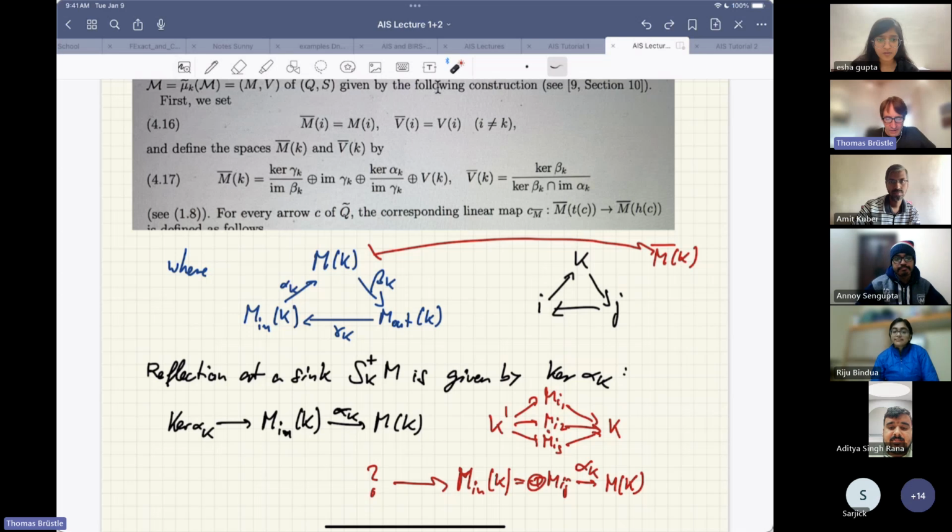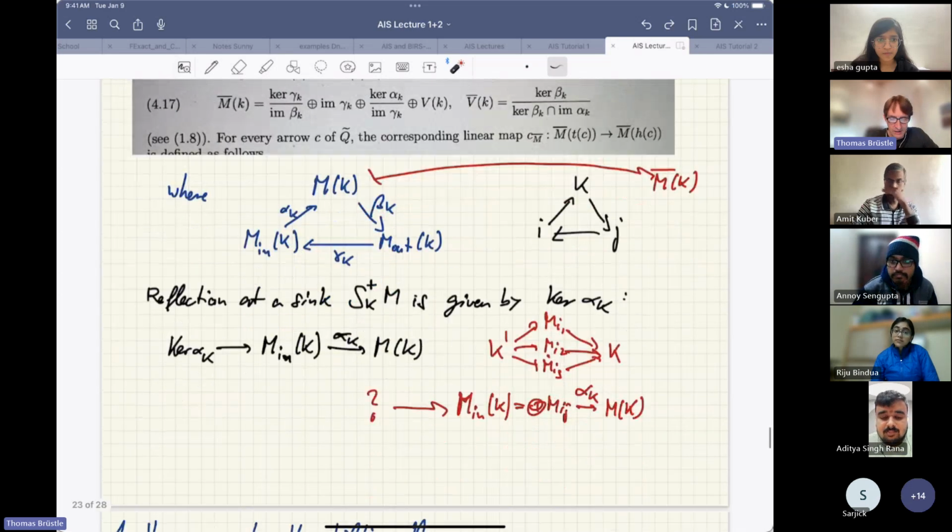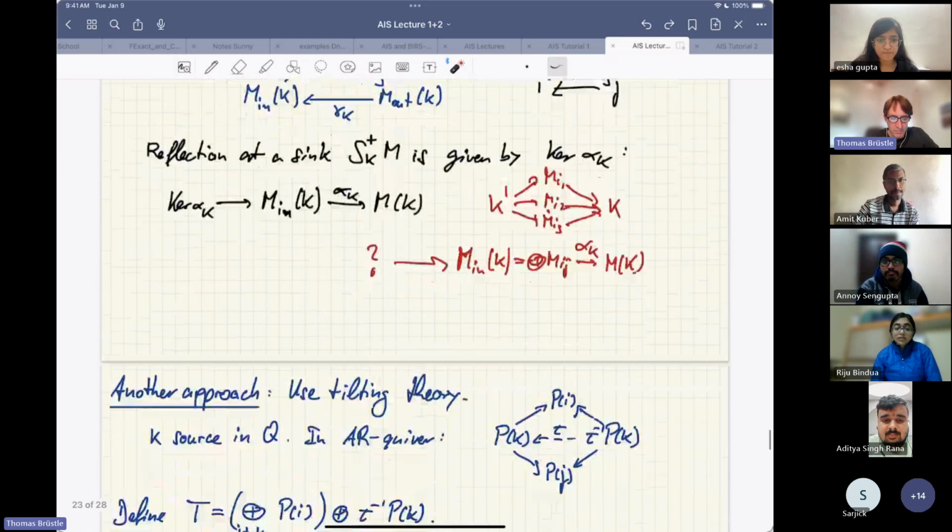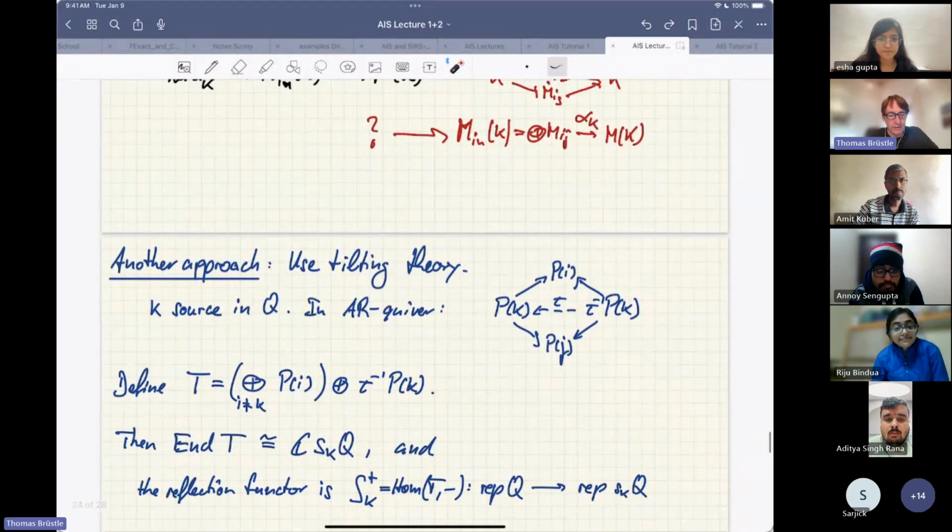However, this is not the most elegant way of doing things, and I would maybe prefer to use tilting theory instead, and then I go in the direction of tau tilting theory.